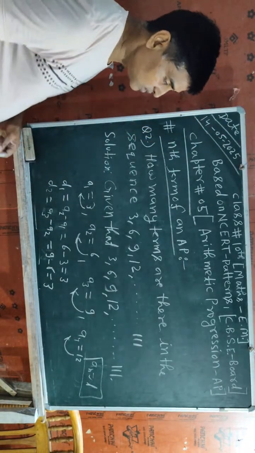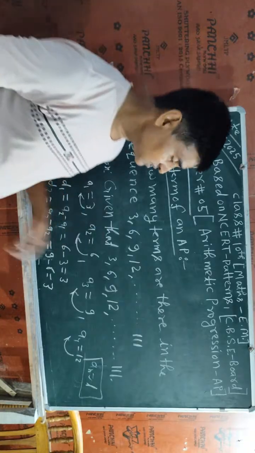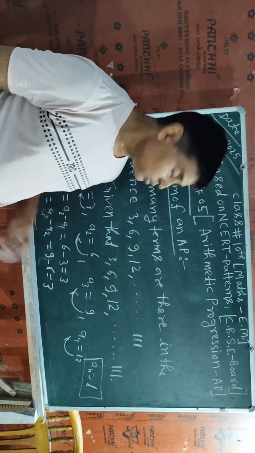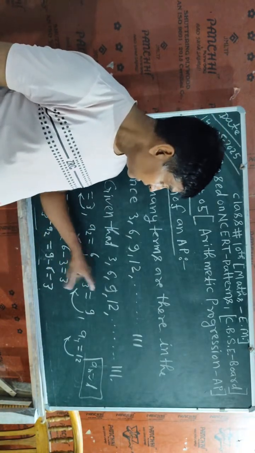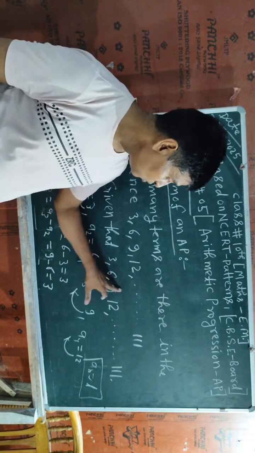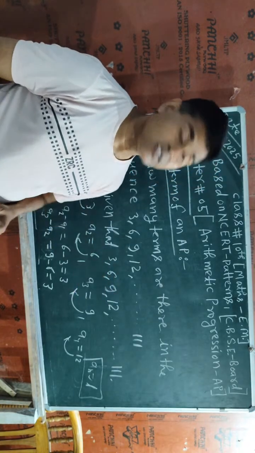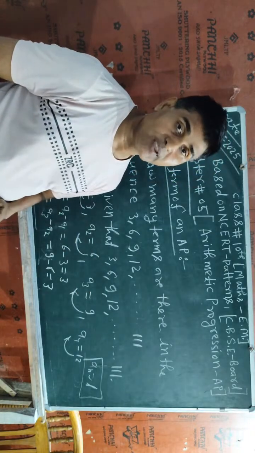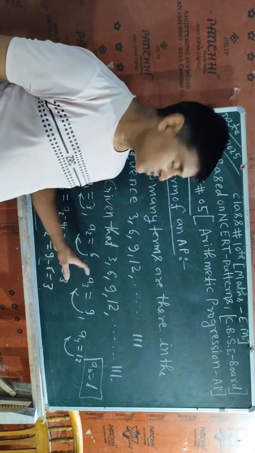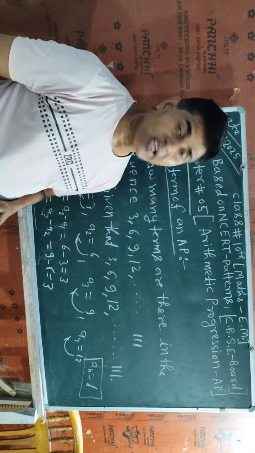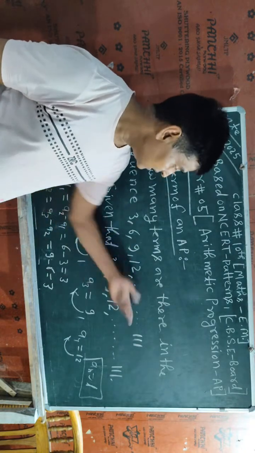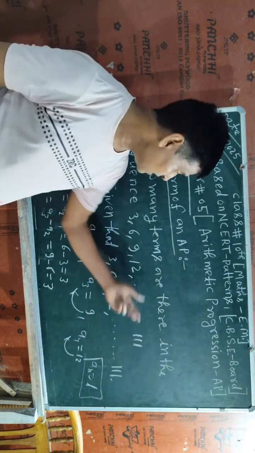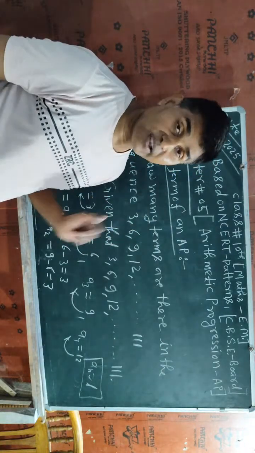Okay, students. So you concentrate here, and after concentrating you also have to understand how the value of n is calculated by this formula, because some questions can be asked on this formula. According to this, the nth term will be given and we have to find the number of terms.